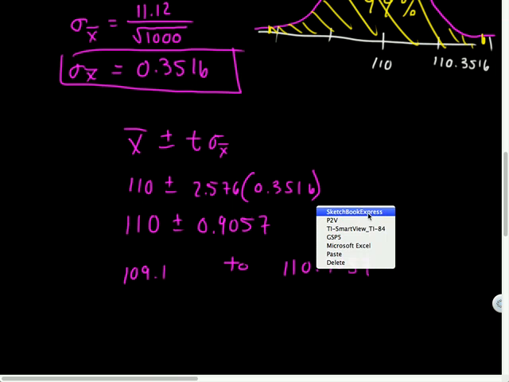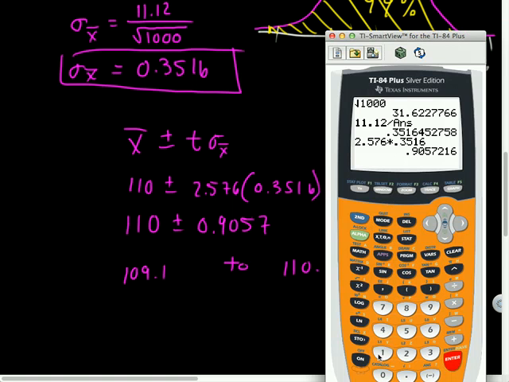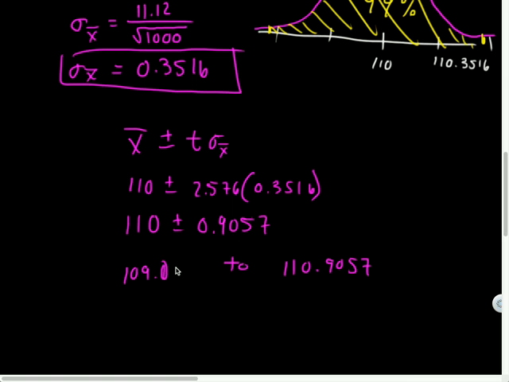I'm always bad at the maths, guys. 110 minus 0.9057 is 109.0943. So it's in pretty close proximity to what our sample mean was. So I'm like 99% sure that the true mean is in this range.